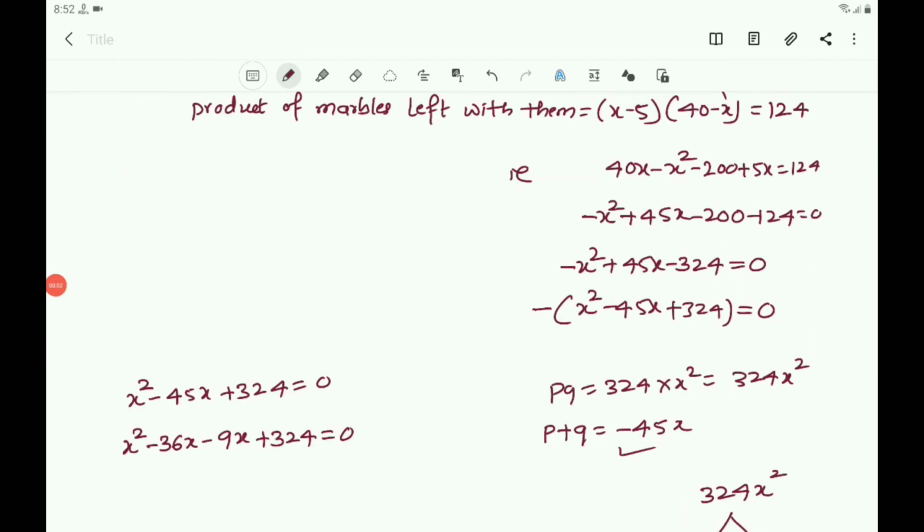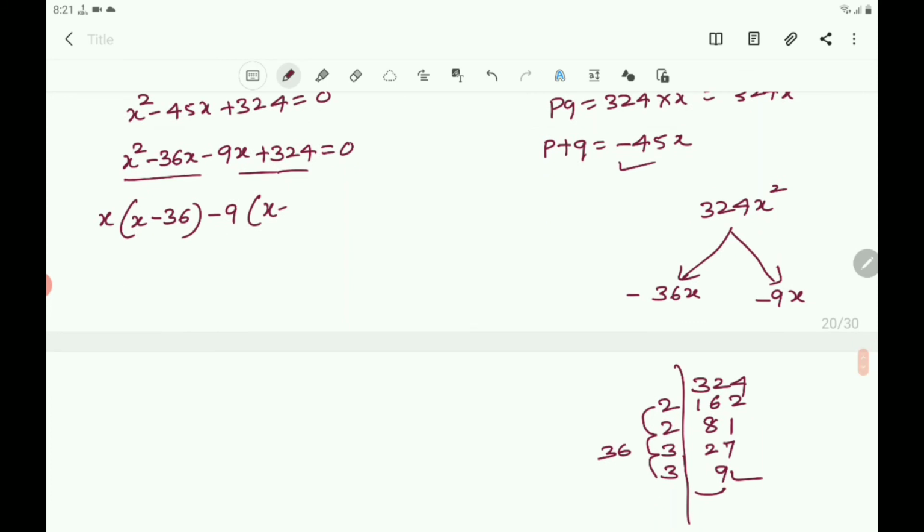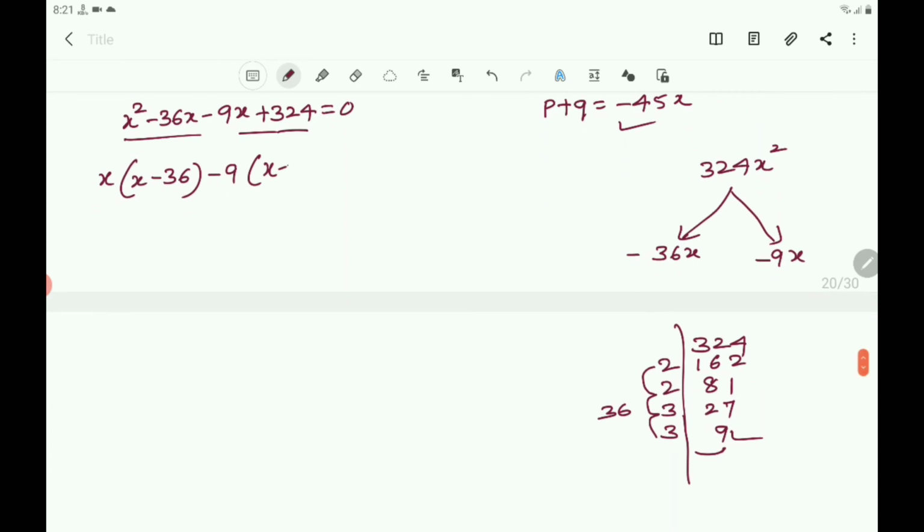Make groups of two terms, x square minus 36x under one group and minus 9x plus 324 under the other. Out of x square minus 36x, x is common, remove that outside, that becomes x minus 36 in the bracket, and minus 9 into x minus 36, since 9 into 36 is 324, equals 0.